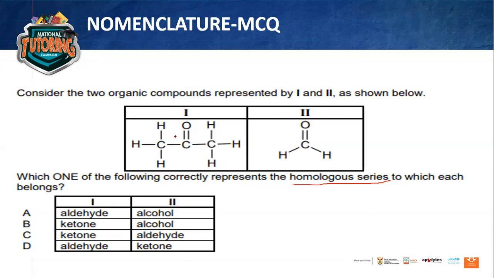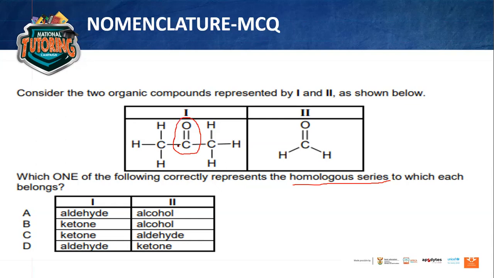Molecule 1. Remember, if you want to determine firstly to which homologous series a molecule belongs, you need to determine its functional group. So the functional group here, I can see it is a carbonyl group.